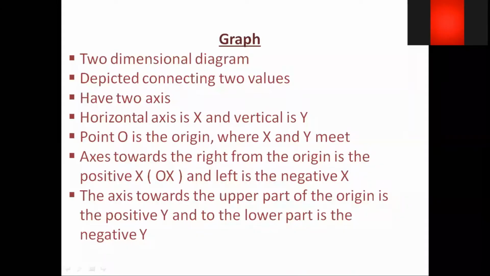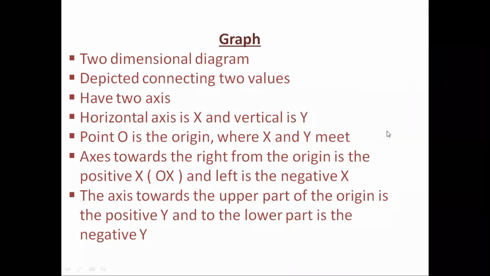A graph is a two-dimensional diagram depicting the connection between two values. In a graph, we use two properties or two values and depict the connection between them. A graph has two axes: the horizontal axis is x and the vertical axis is y.